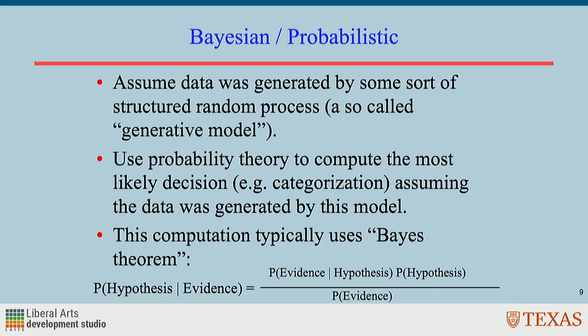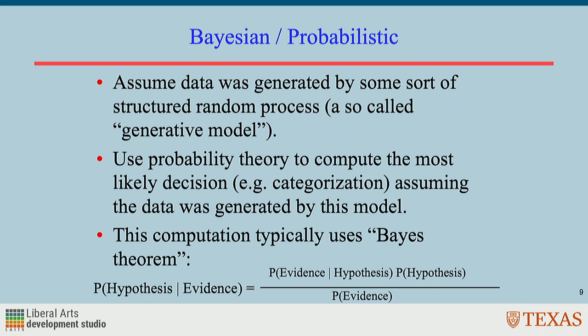The next approach is the Bayesian probabilistic approach. Here, we assume that the data that we want to classify was somehow generated by a structured random process that in the community is called a probabilistic generative model. And I'll give you an example in the spam filtering case in a minute.